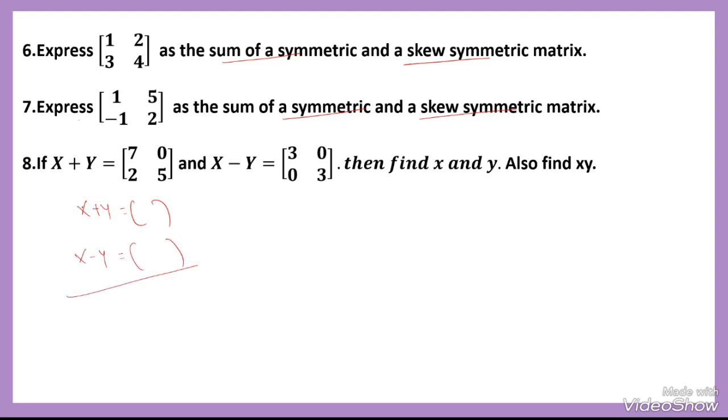Then subtract these two values, and we get 2x. Then subtract each value, the coefficient values, and you will get the x determinant. After that, substituting the x matrix, you will get the y matrix. Out of 8 questions, one question will be asked in your examination.